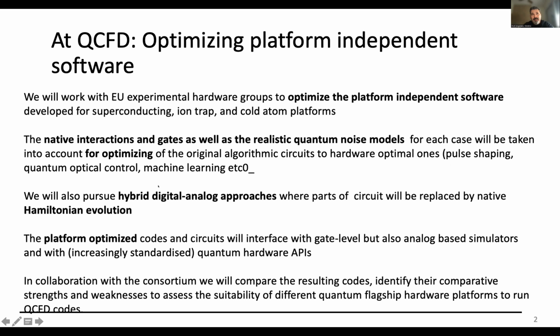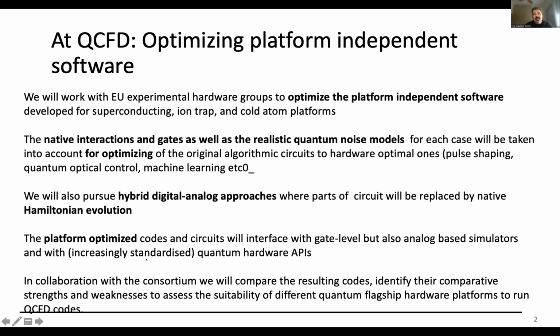And we'll also look at breaking some of the circuits into digital and also Hamiltonian evolution. It's possible to do some interesting things when you go one level down, closer to the hardware, and use your natural Ising or Bose-Hubbard models if it's cold atoms, or long-range Ising models if it's ions, to implement some of those things.